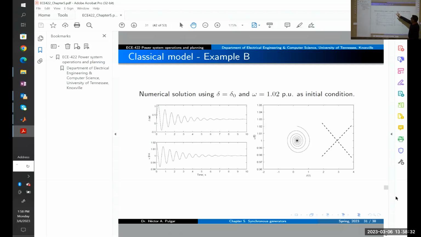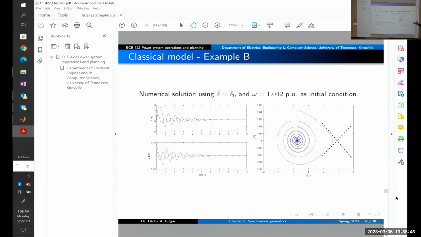What else did we do? We tried different initial conditions. If for some reason the system was disturbed a little bit farther, what can we get? And I have the plot well done this time, and this is what we get. So now, instead of starting here, we're going to start a little bit higher. The value here was 1.02 per unit. Now it's 1.042 per unit, much farther from the equilibrium point.